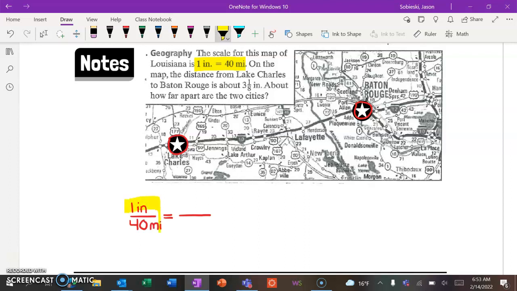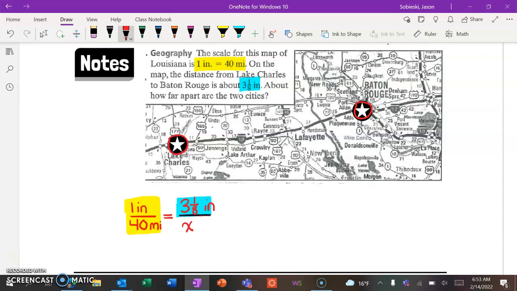Then we either should know another mile measurement or another inch measurement, and we do. They tell us that these cities are 3 1/8 inches apart. So on our proportion, we need to make sure that number goes in the numerator because we picked the numerator for inches. So 3 1/8. Then what we're looking for is how many miles. We can put an X there.